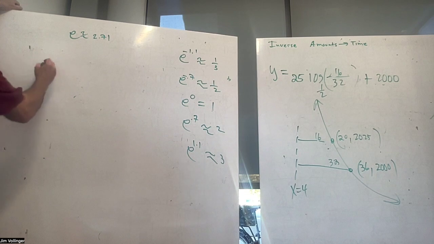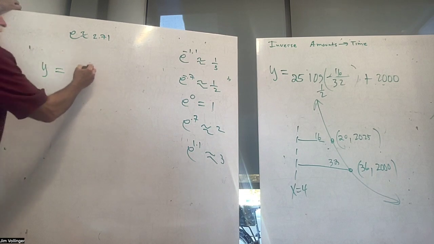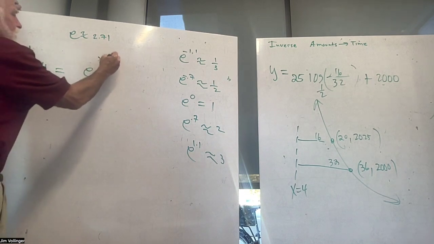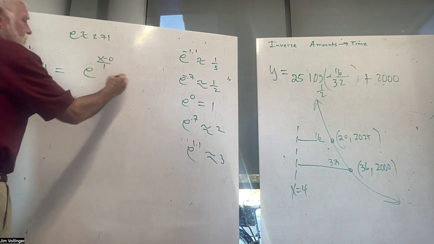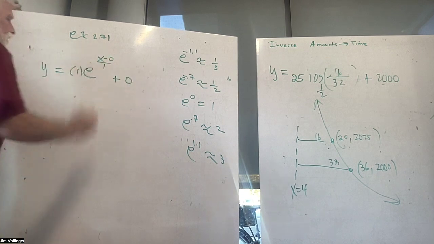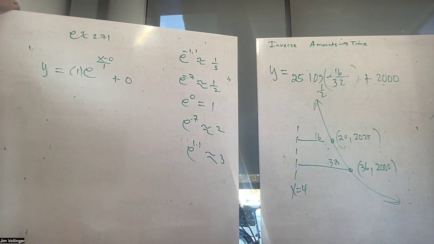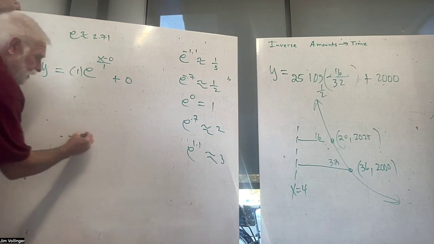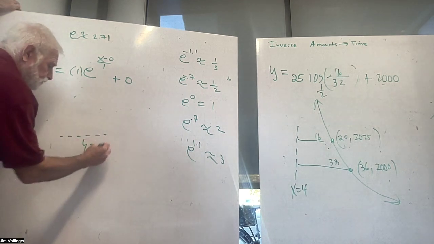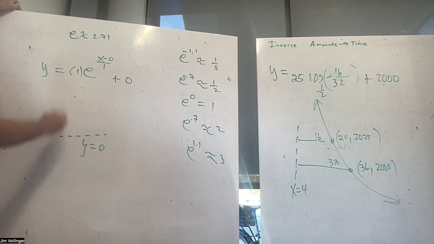All right, so let's look at y equals e to the x minus 0 over 1 plus 0 times 1. A lot of those symbols are unnecessary, absolutely unnecessary. Okay, but I can see my differentials now. Can you see that y equals 0? Can you see that my first jump is 1 unit?